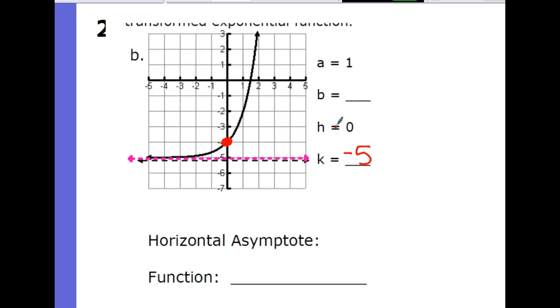That means it hasn't been moved left or right. This distance right here is the B. 1 unit to the right gives you the B. Let's see, the asymptote is at y equals -5, and the equation is base 3 raised to the x power minus 5.